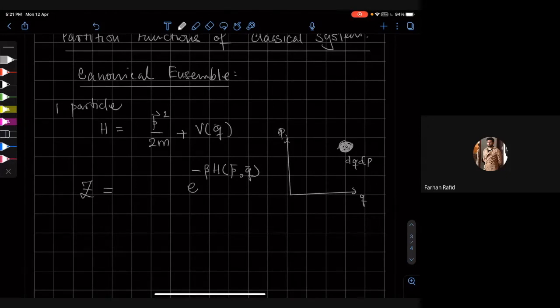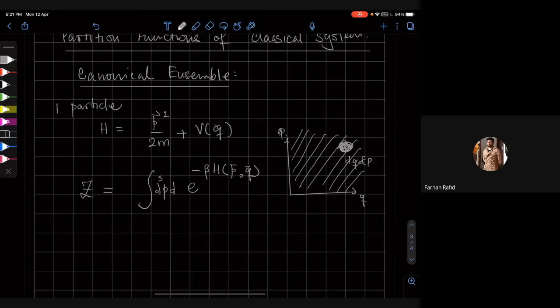And then we have to integrate it over all the possible configurations, that is the whole phase space. So for one particle, we integrate d cubed P and then d cubed Q.